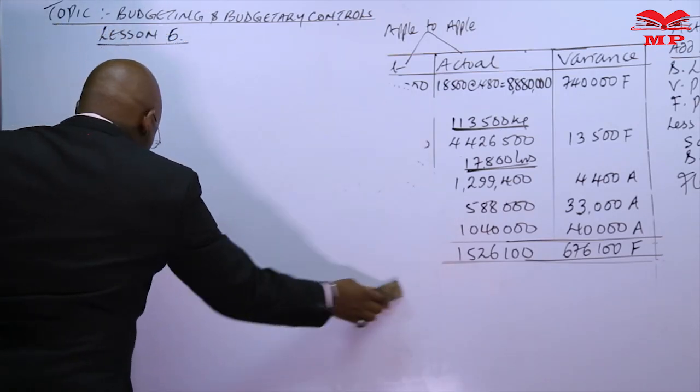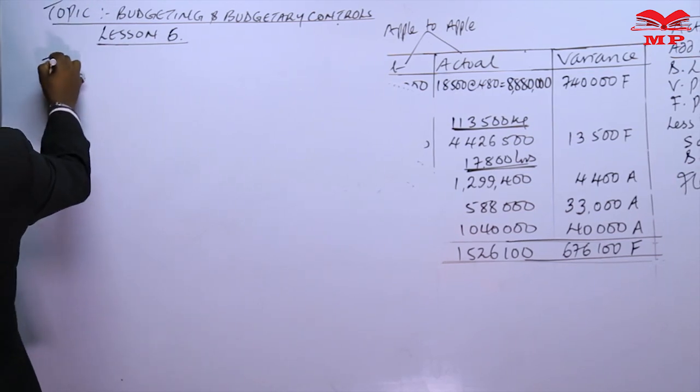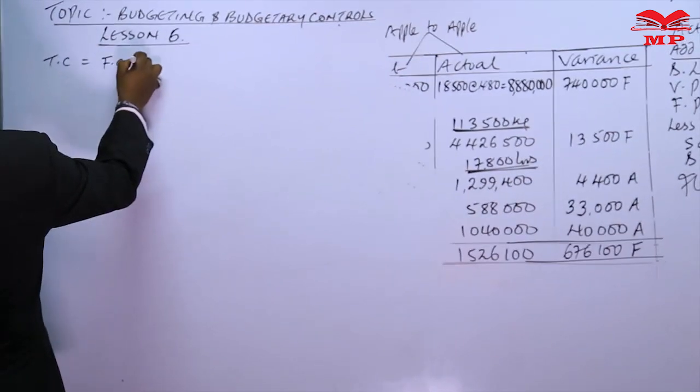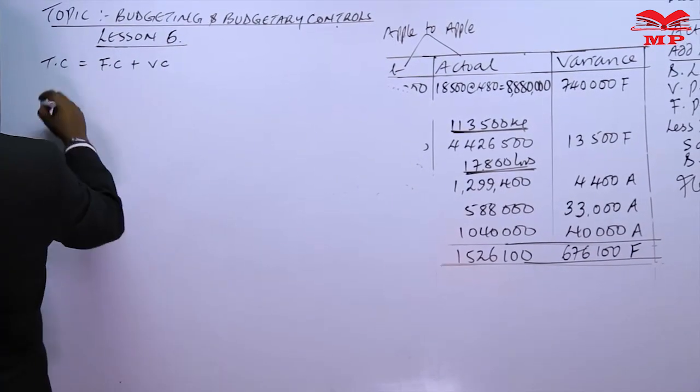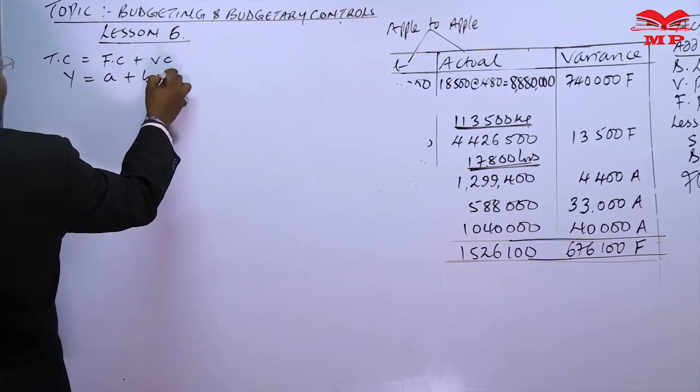So we'll have as follows. We have total cost equals fixed cost plus variable cost. So this is like y equals a plus bx.